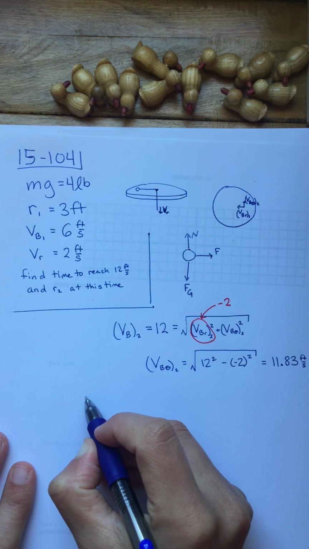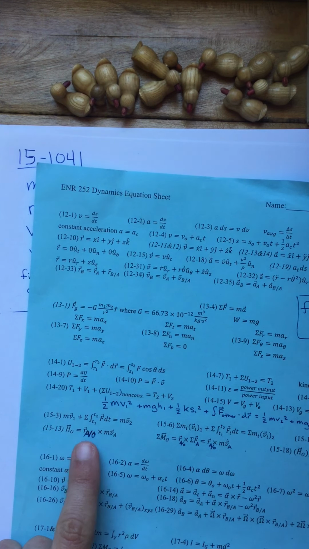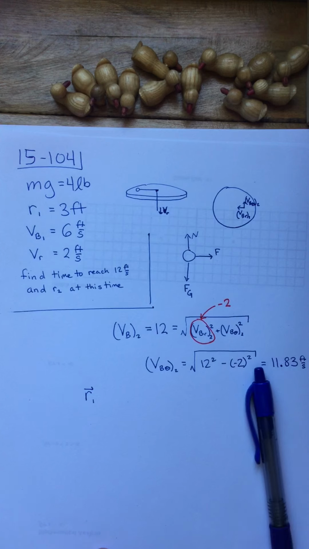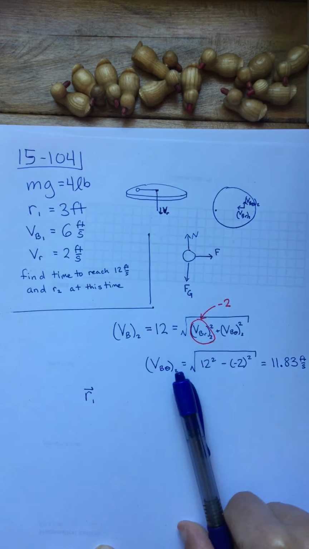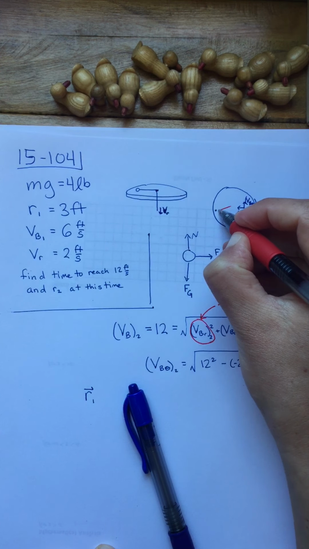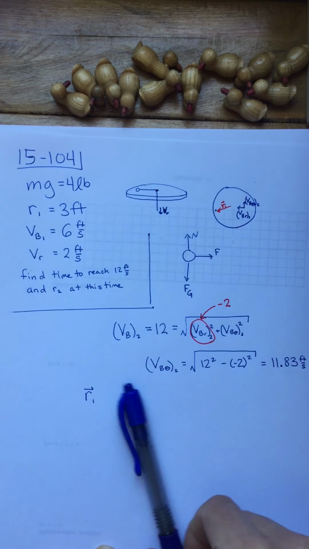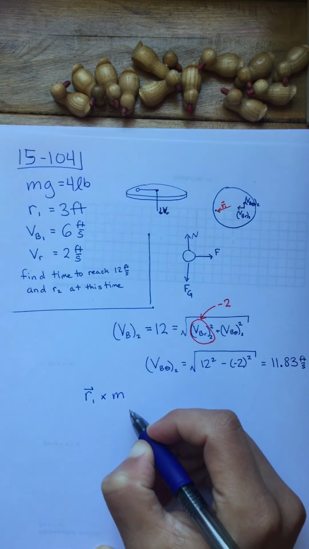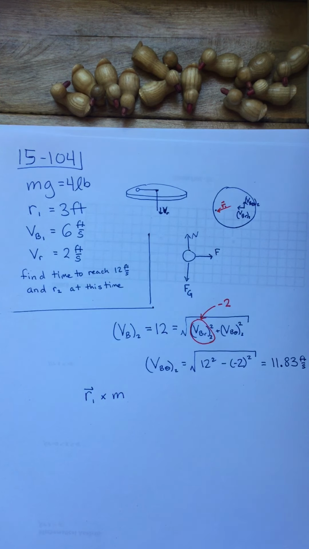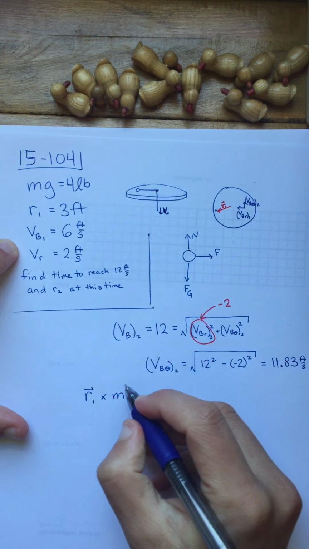We could call that vector r1, and remember that's going from the origin to the object. So let's say if the object starts off over here, this would be r1 crossed with the mass times the initial velocity, that would be the v_B1.